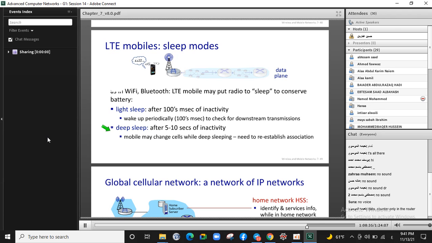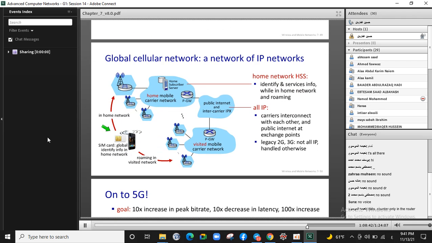But when we talk about the deepest sleep, okay, so we can use sleep modes to save the battery of the cell phone.